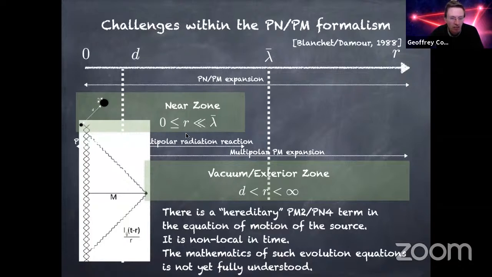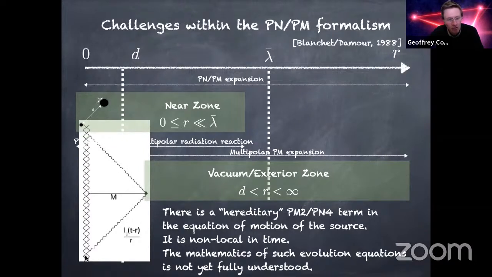There are many challenges when you go to higher PN orders. I just want to mention one because I find it interesting. If you start to introduce corrections in the exterior zone, it means that when gravitational waves are sent from the binary system, which is depicted here, it emits radiation, and that radiation back-reacts and re-emits gravitational waves that go inwards and enter the system.